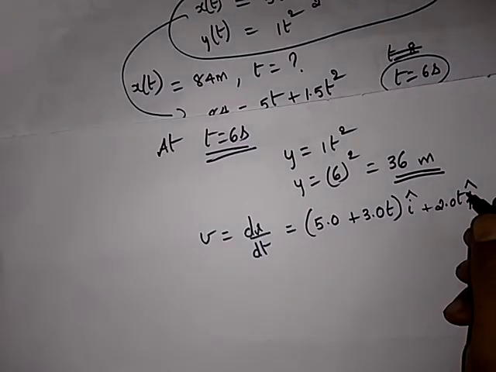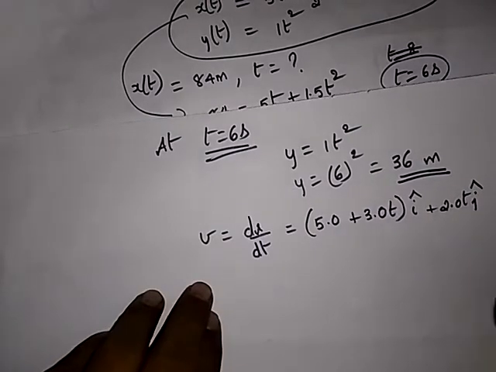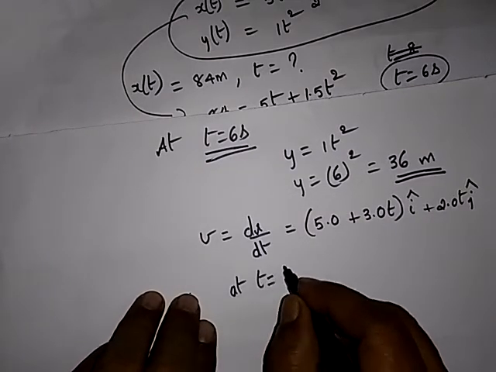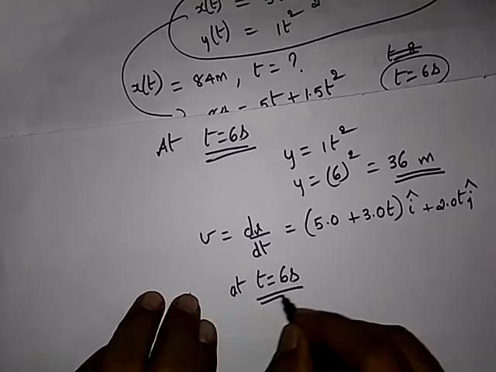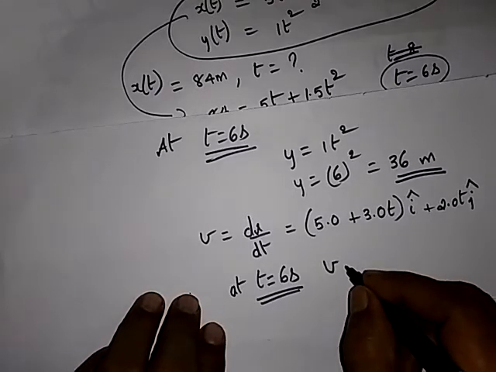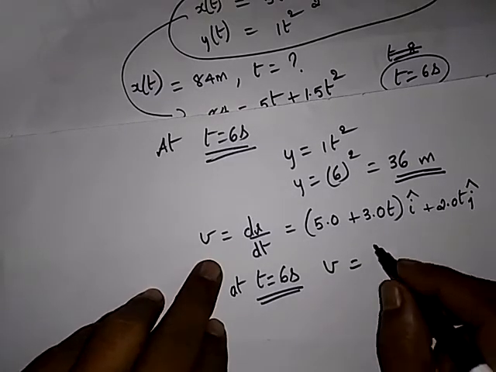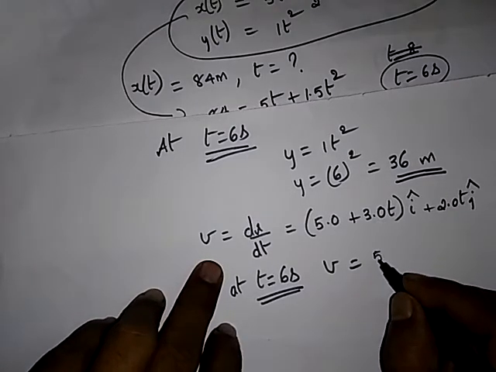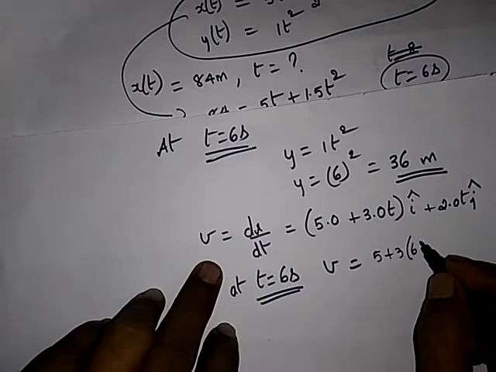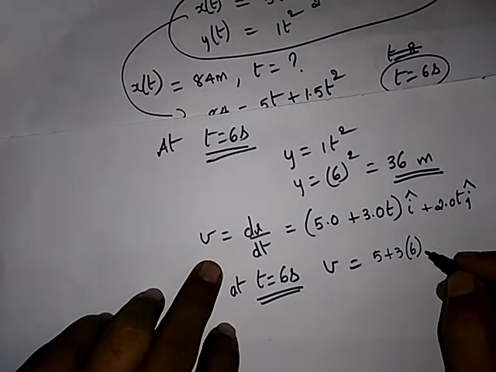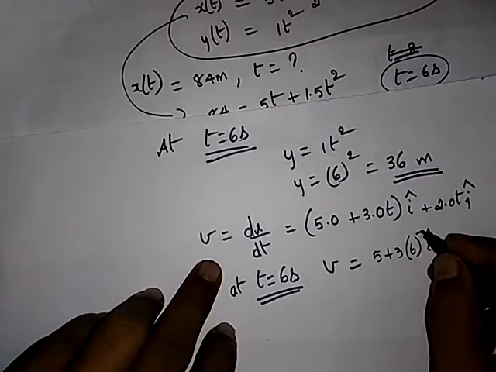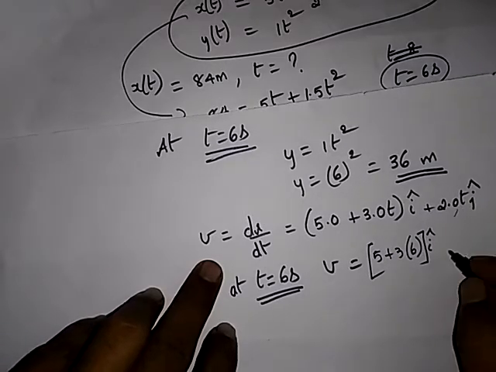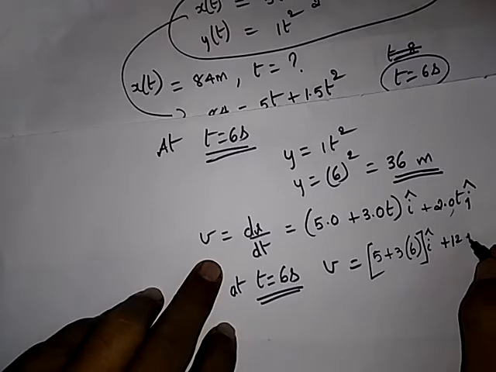Okay, so at t is equal to 6 seconds, we have velocity equal to, you substitute 6, 3 sixes are 18, 5 plus 3 into 6, i cap, and here you substitute 6, 2 sixes are 12, plus 12 j cap.